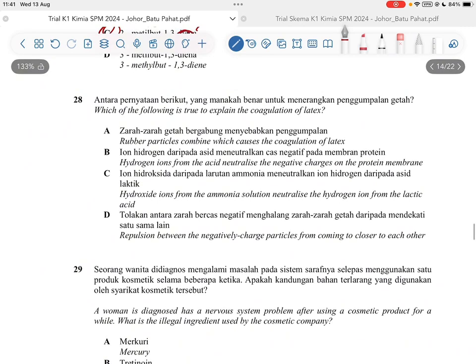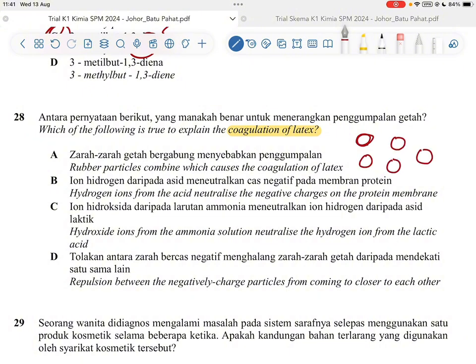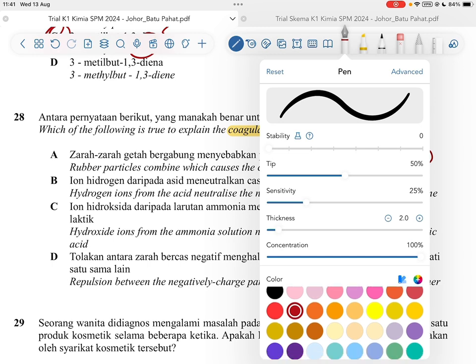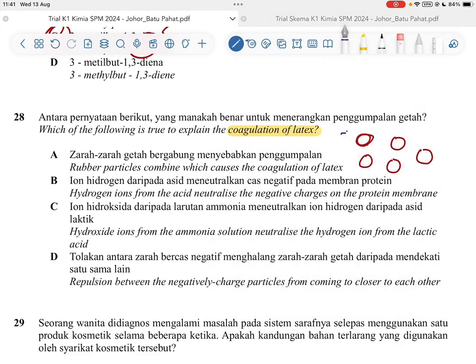So let's continue with question 28. Which of the following is true to explain the coagulation of latex? Latex is actually the rubber. So let me draw a diagram. For example, this is the rubber. And the surface of the latex or the rubber itself is actually negative.